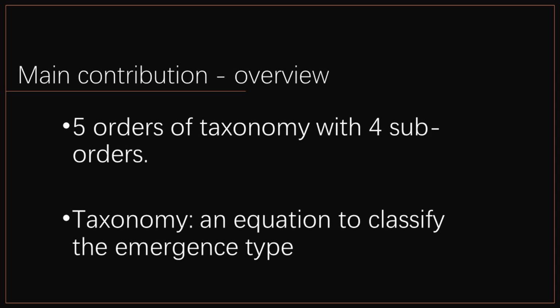This paper briefly presents a taxonomy based upon five orders of emergent behavior with four suborders and briefly summarizes the author's continuing research in this area. Taxonomy is basically an equation to classify the emergence type.